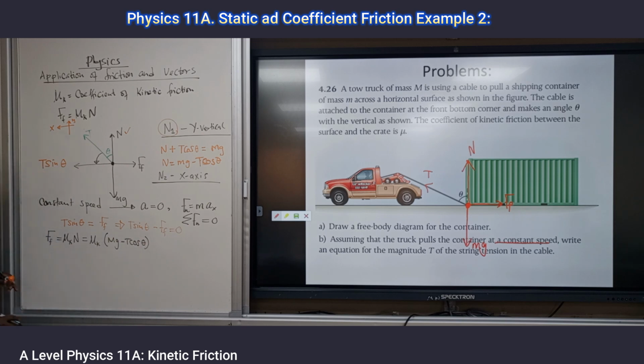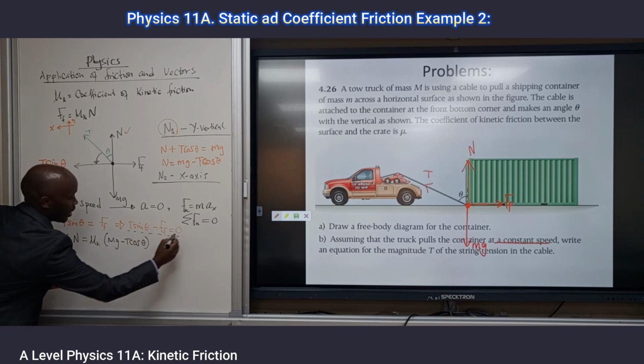So the friction force is mu k times (mg minus T cosine theta). With that, we can come back to our equation and substitute in the friction force.